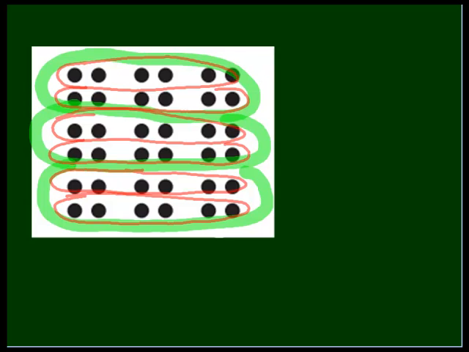And you see those 2 rows of 6 three times, so we could write the expression 3 times, and then we can use parentheses to show the 2 groups of 6, 2 times 6. Each group of 12 is made up of 2 groups of 6. So originally we had the 3 times 12, and we ended up breaking down the 12 into 2 times 6.